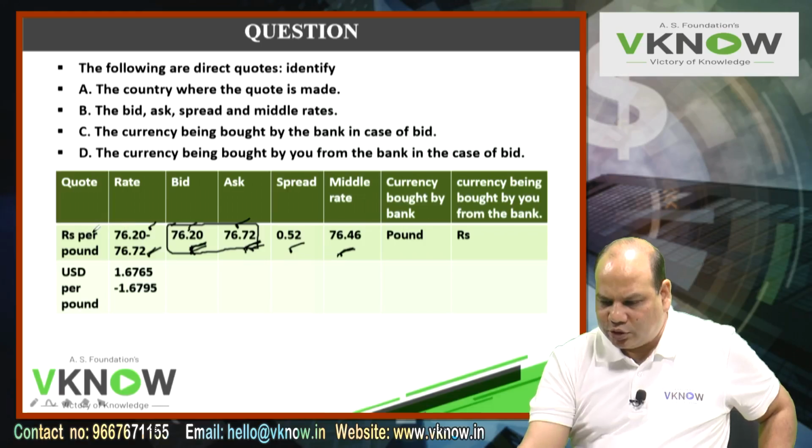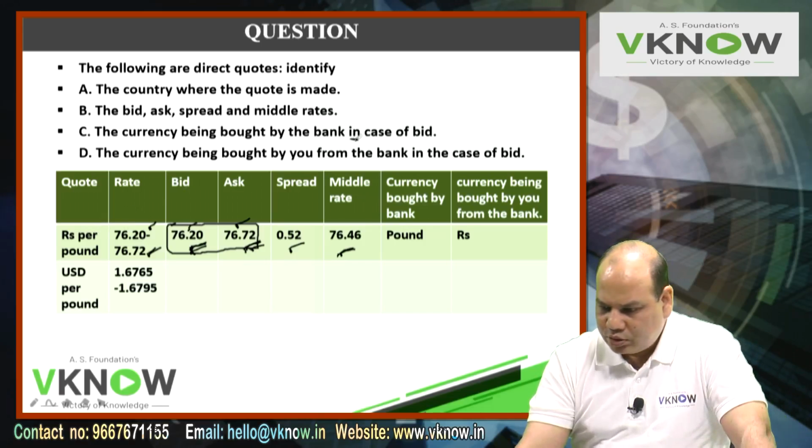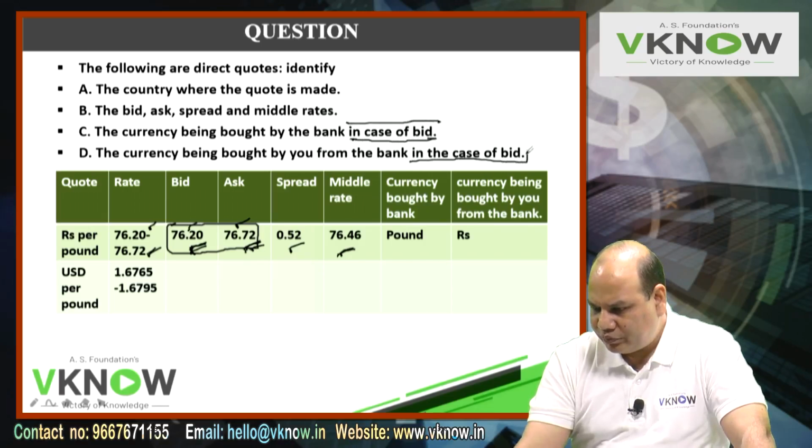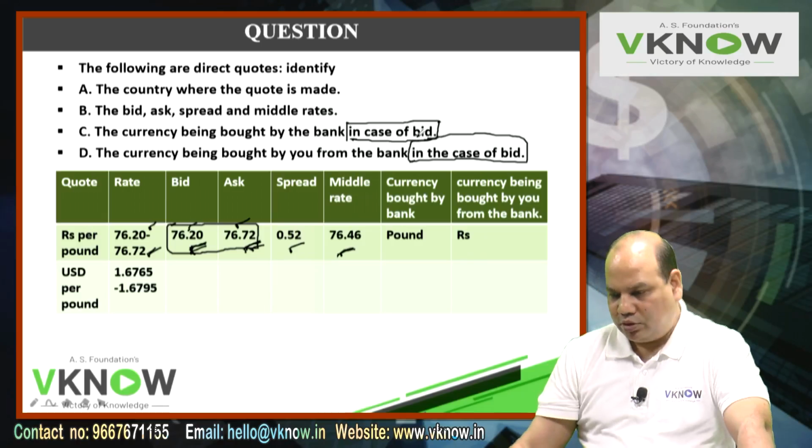Now it is a direct quote. So the currency, there is a small correction in the question also. You have to mention here the currency bought by the bank in the case of bid transaction, because there can be two answers here. In case of bid, the currency bought is foreign currency, but in case of ask, the currency bought by the bank is home currency.